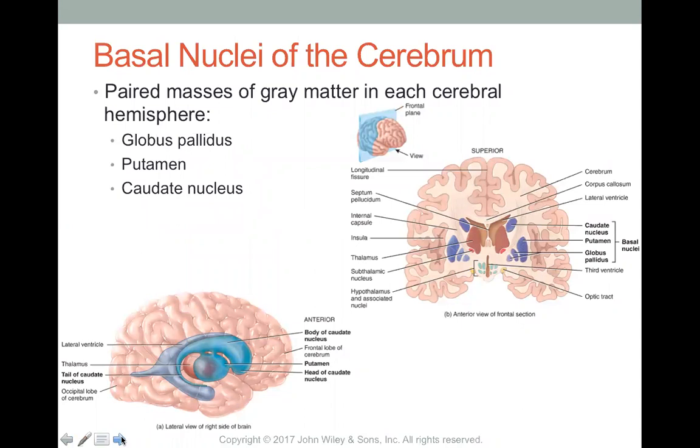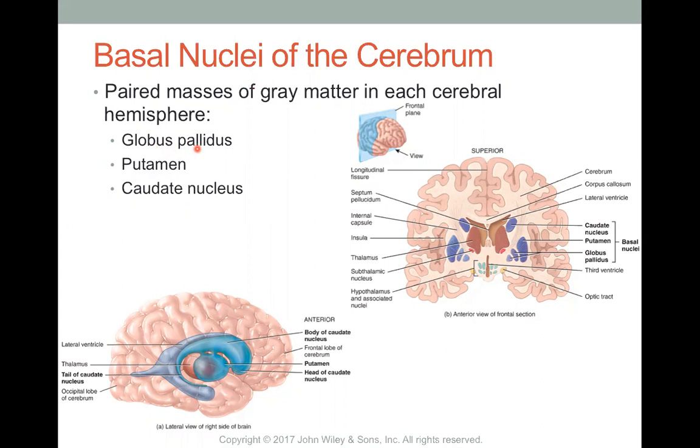The basal nuclei of the cerebrum here are paired masses of gray matter in each cerebral hemisphere. So this would be the paired masses of gray matter, and we have three of them. They are the globus pallidus, the putamen, and the caudate nucleus. The globus pallidus will be closer to your thalamus, while your putamen is going to be closer to the cerebral portion.